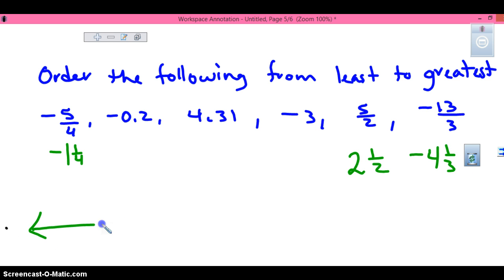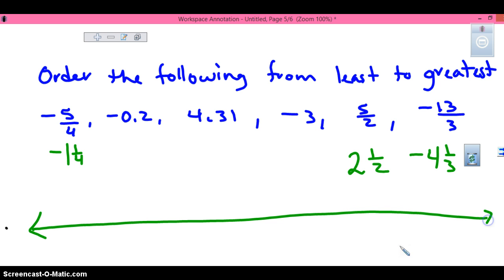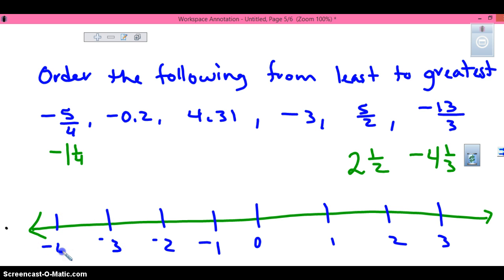So if I set up a number line, what is the smallest number that you see here? -4 and 1/3. So let's say we have 0 here, 1, 2, 3, -1, -2, -3, -4, and it continues, right?